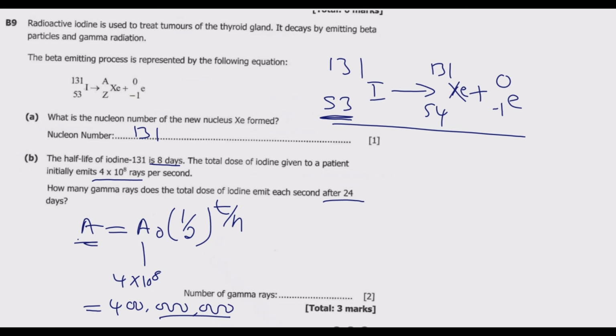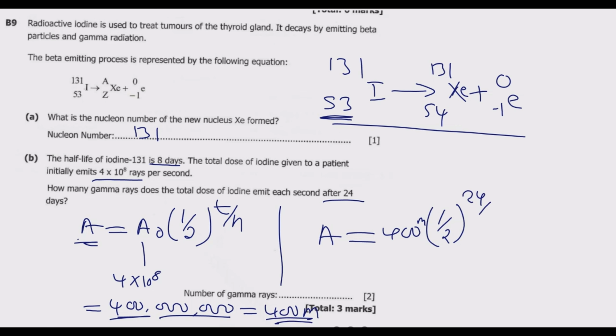So just substituting, I will rather write this in millions, 400 million, then multiply by half to the power, and I can write 400 million here to make it easier for my examiner. Then we have time is 24, over half-life is 80 days.